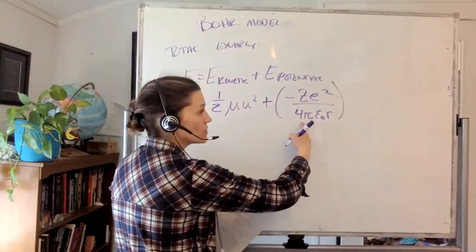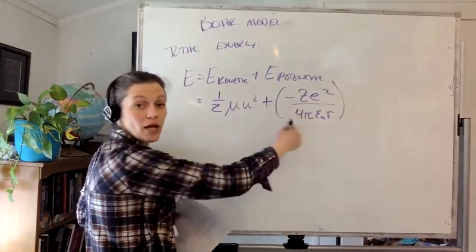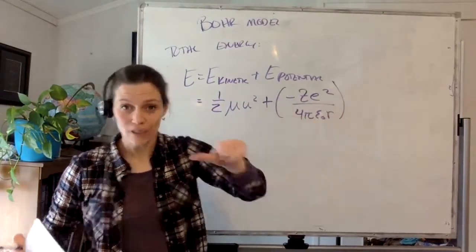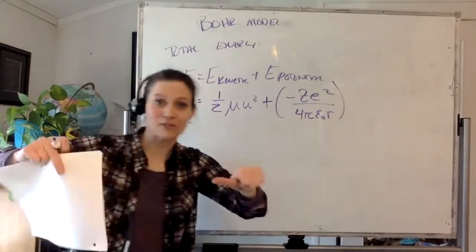This is my Coulombic potential. So kinetic energy, Coulombic potential. We knew that because we said that the Coulombic potential was equal to the centripetal force going out.